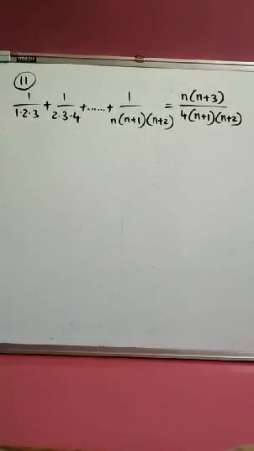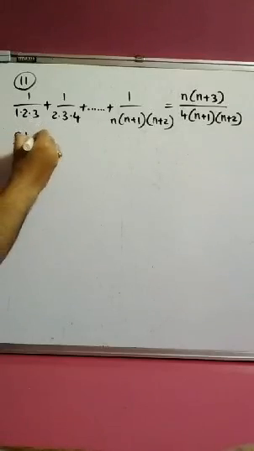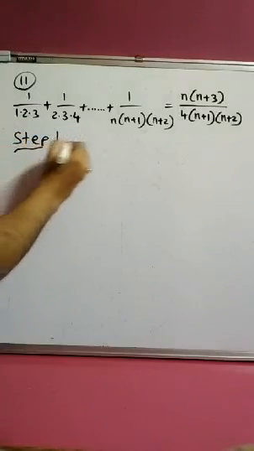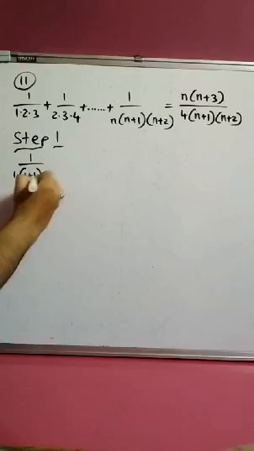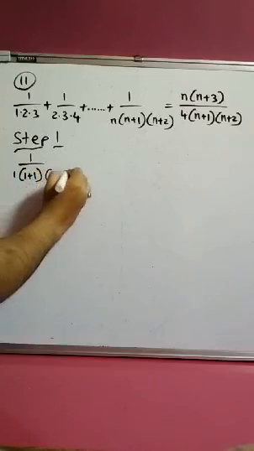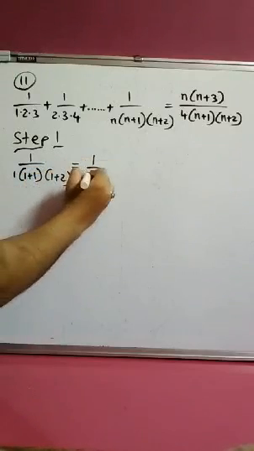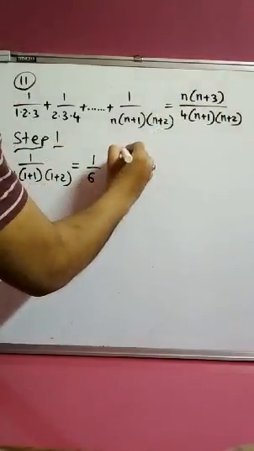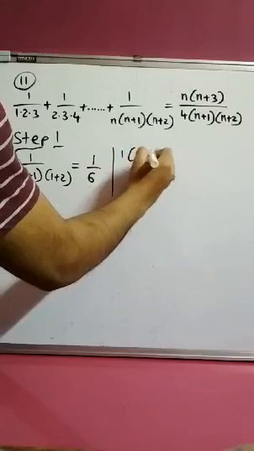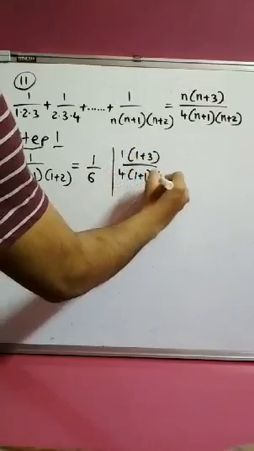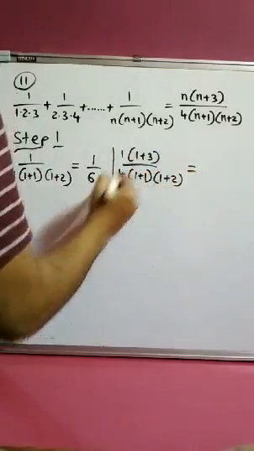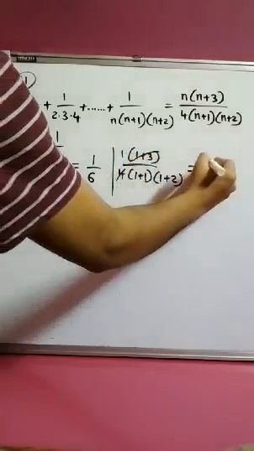Now what we are going to do, same steps. Step 1: we have 1 upon 1 into (1 plus 1) into (1 plus 2), which is 1 by 6, and that side 1 into (1 plus 3) divided by 4 into (1 plus 1) into (1 plus 2), which is 4 upon 4 and 3 plus 1, so 1 by 6.